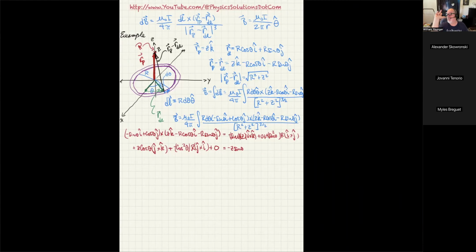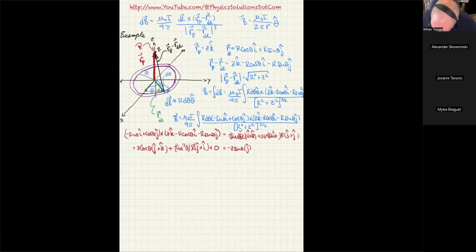The k hat is up, so that's like that, and then my thumb is pointing to the left, which is the negative j hat direction. So I'm going to write negative j hat right there, and of course that negative is going to combine with the negative out in front to give it a positive, but the main thing is I got that part worked out. So let me put a little check over there showing that I've done that one.